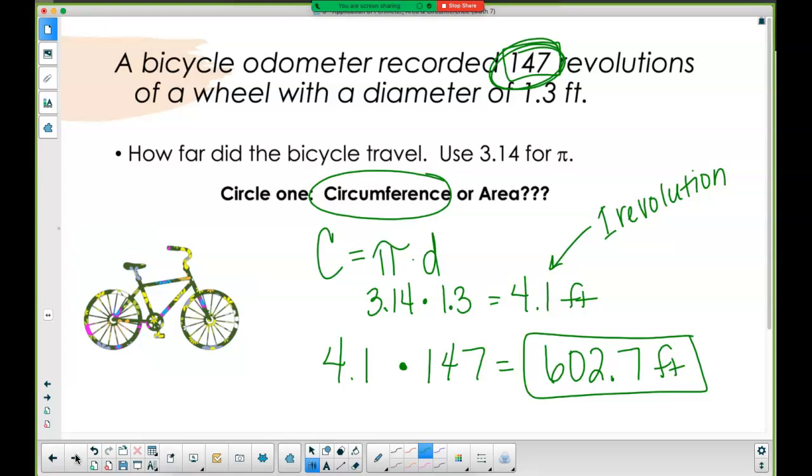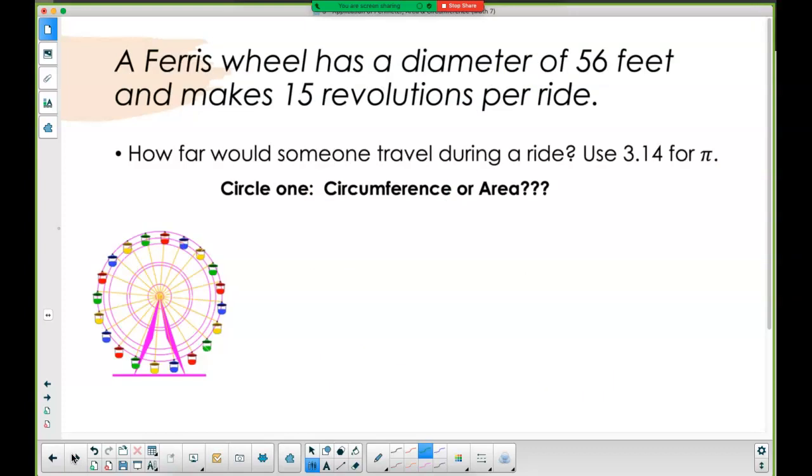All right, last problem. Flip the page. Last one on the notes. A Ferris wheel has a diameter of 56 feet and makes 15 revolutions per ride. How far would someone travel during a ride? Use 3.14 for pi. Are we finding circumference or area?